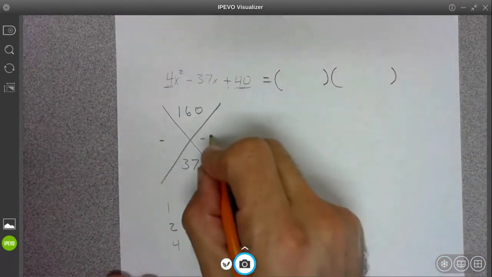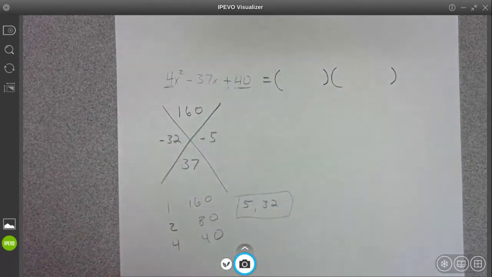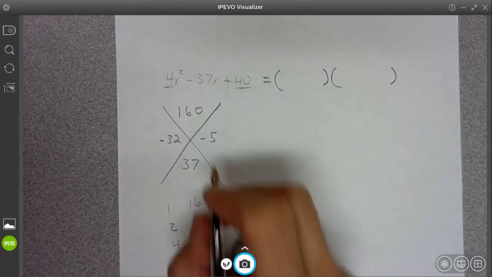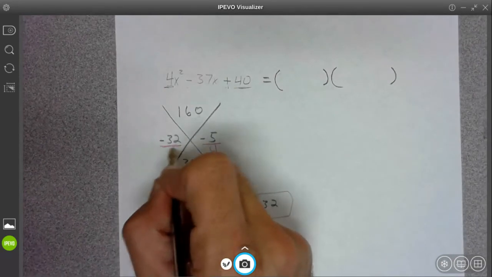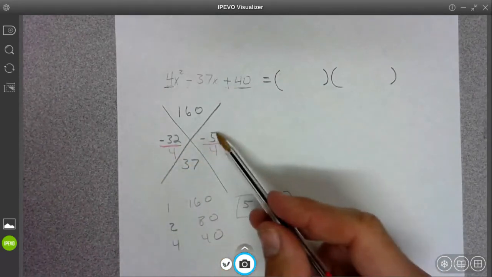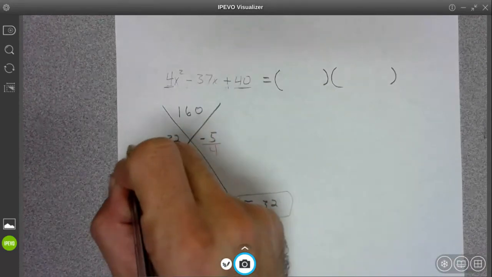So it's going to be 5 and 32, so negative 5 and negative 32. Now, to do that weird step, we're going to divide by 4 and then simplify. 5 and 4 don't simplify. 32 and 4, that'll equal negative 8.